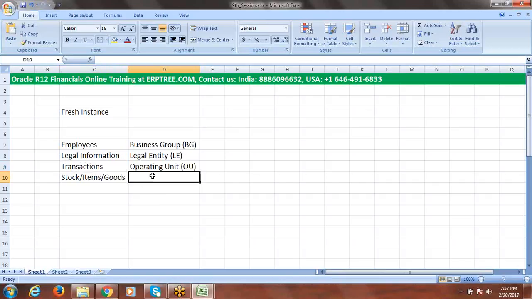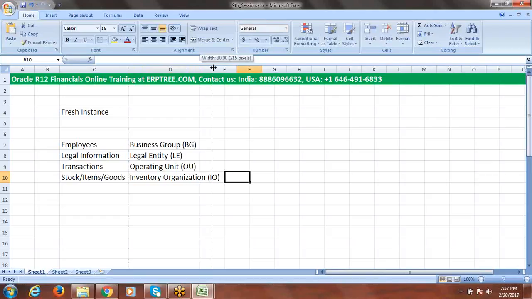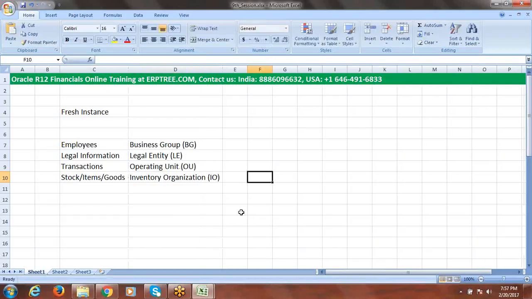And to manage the company stock or item goods information, we can create in the system a relevant warehouse. The warehouse, in other words, we can call inventory. But here we have to create it as an inventory organization. We call it IO for short. These are the different classifications.